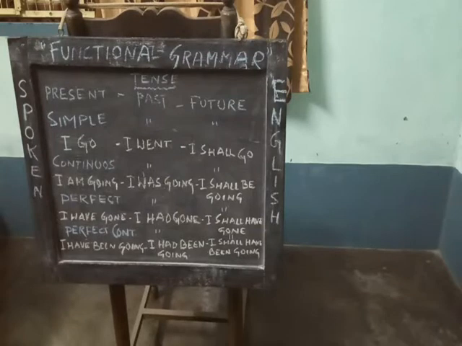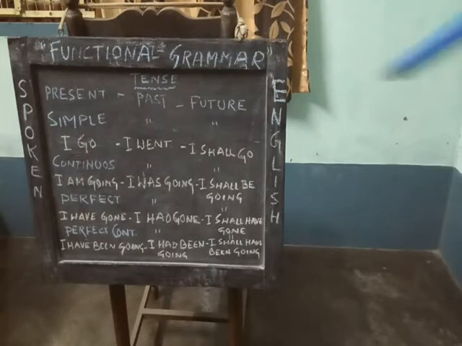Or while you are describing a common habit, this is also present tense. Like I go to school every day, that is present tense. It is a habit which you are doing every day. These are certain simple sentences which we denote as present simple tense.